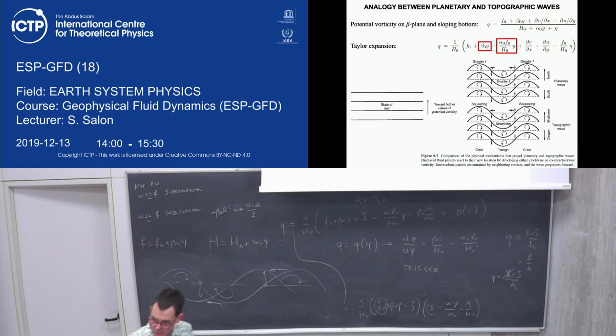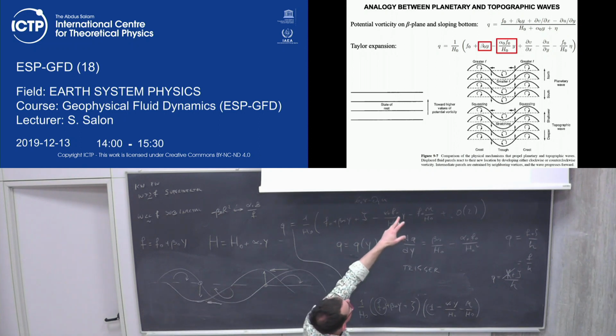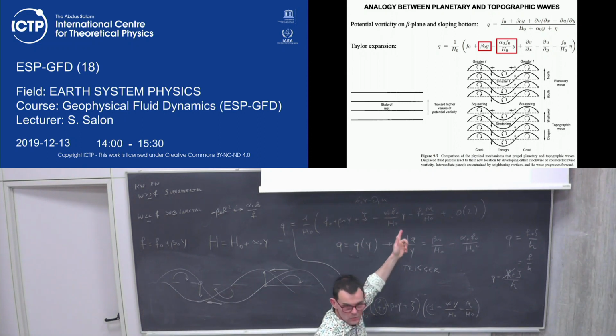This is the strongest part of the analogy between planetary and topographic waves. They have the same dispersion relationship, provided that you change beta 0 R squared with alpha 0 GF. But apart from this, the evolution is exactly the same. Standing on the analogy: north, shallow; south, deeper.